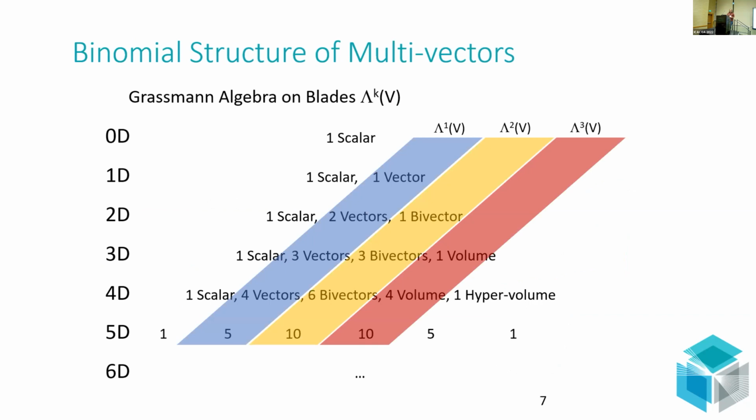The blades, the vectors, are like the left-directed first step, the first linear plane, so to say. It's always 1-dimensional objects. The bivectors are 1 step below, then the 3-dimensional elements with 3 vectors, or even 1 step further. This is where the vectors and bivectors live.